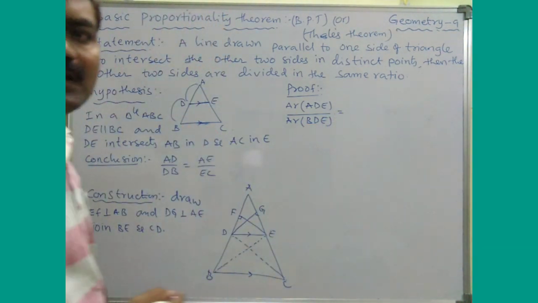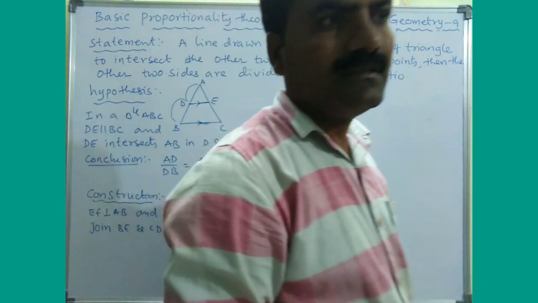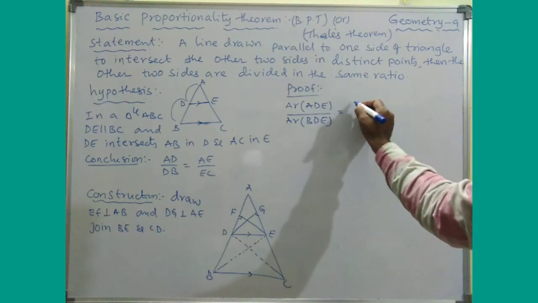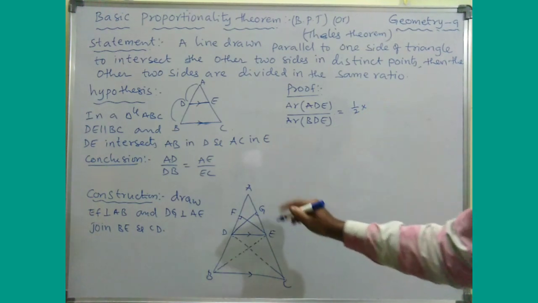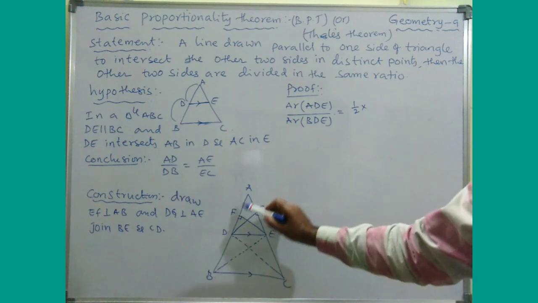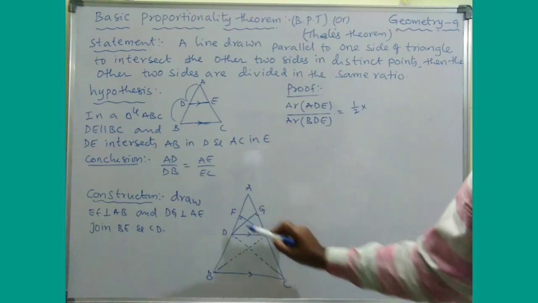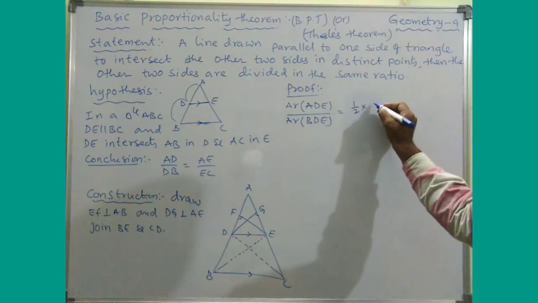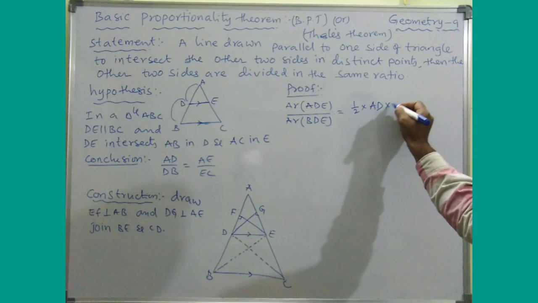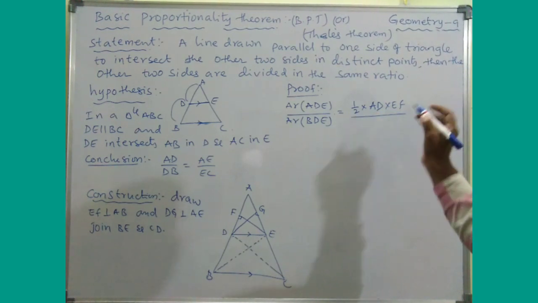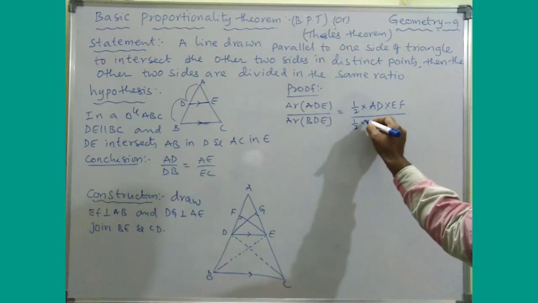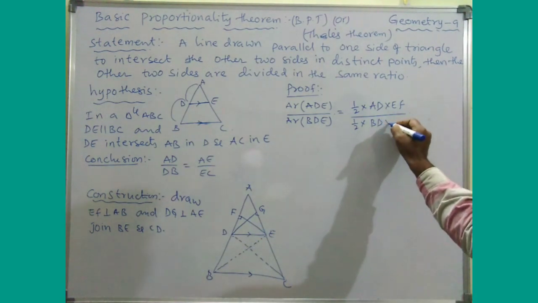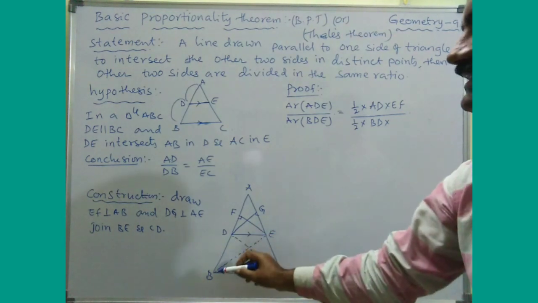So basic formula for area of a triangle is half into base into height, no? So this is half into AD into EF divided by half into BD into the height of triangle BDE. In this ADE triangle, base is AD and height I can consider as EF. And what about the height of this BDE triangle?